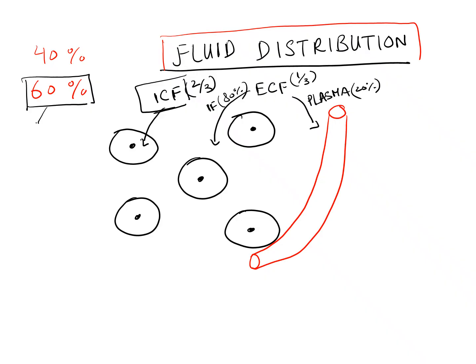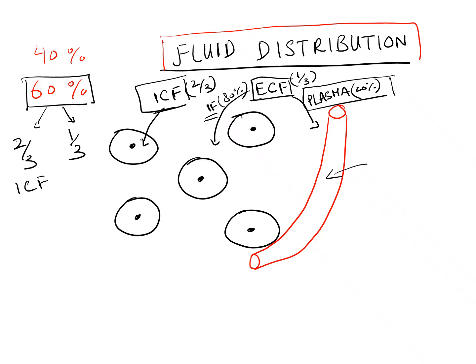And the rest, one-third, is present outside the cell, which is called extracellular fluid. In this extracellular fluid, 80% is outside the cell, which is called interstitial fluid, and the rest of the 20% is present in the capillaries, which is called plasma.